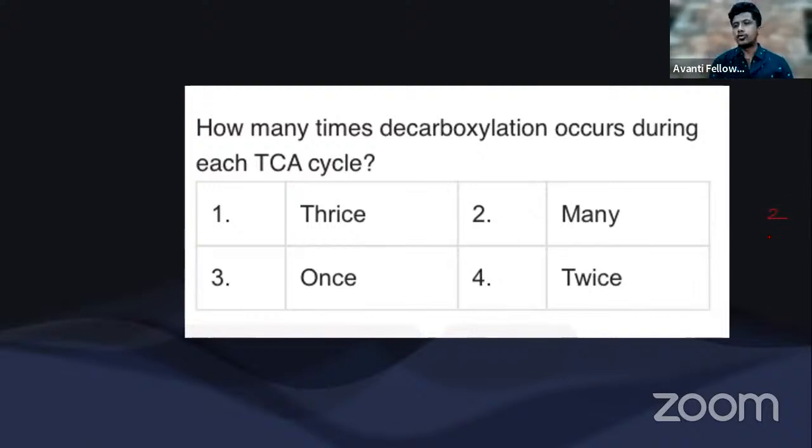When does the decarboxylation occur? So what happens during the process of our TCA cycle? We know that acetyl-CoA comes and condenses with oxaloacetic acid to give rise to citrate. It starts with citrate, correct? Citrate is converted into isocitrate. Then isocitrate is converted into alpha ketoglutarate.